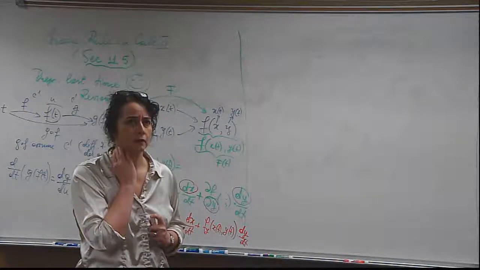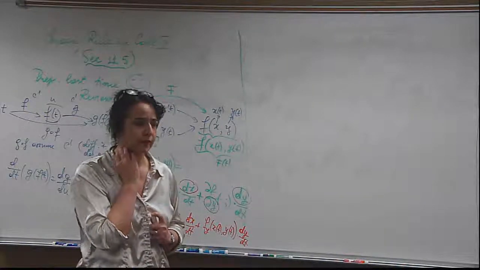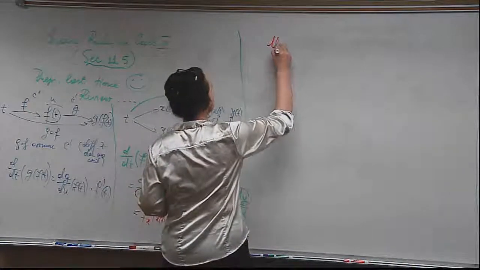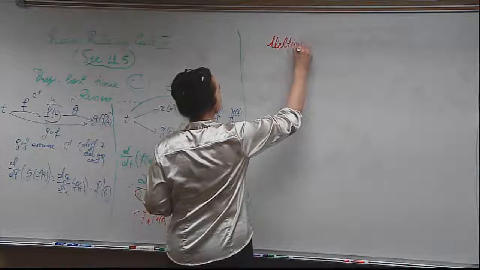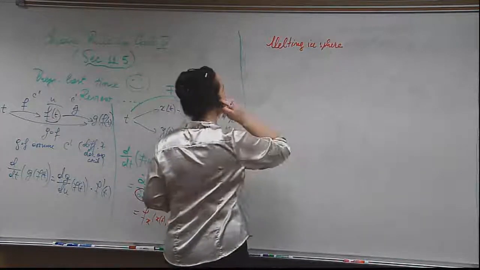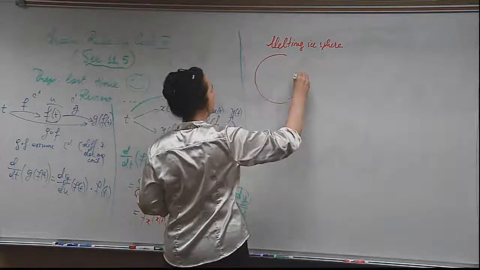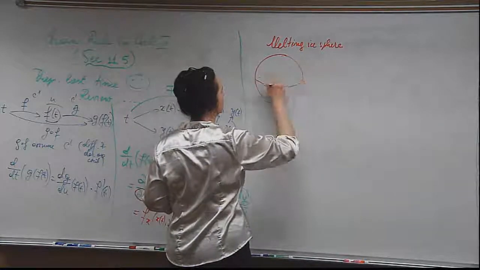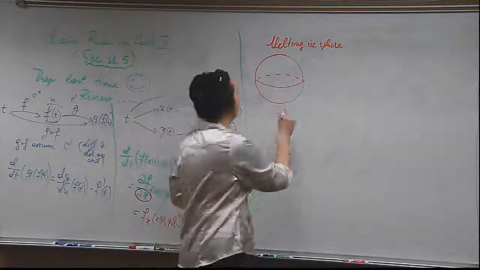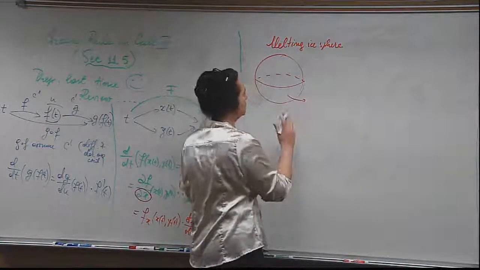Now, I don't want to jump to the next example until I give you something that you know very well from Calculus 1. An example that you saw before, there was a melting ice sphere. It appears a lot in problems like final exam problems. What is the material of this ball?